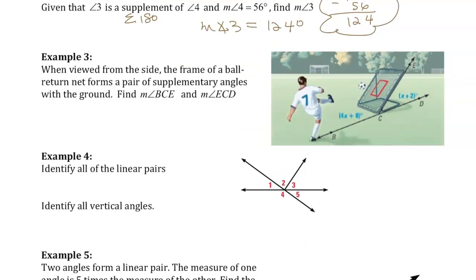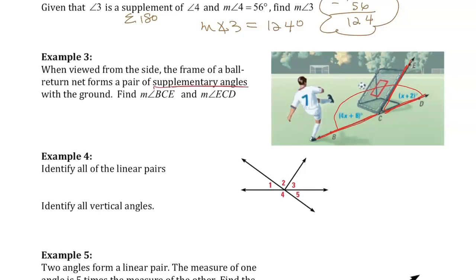All right, next thing. You have a soccer net. Here are the angles we're talking about. Look at these lines, and you can see that those are on a straight line, and therefore these two angles right here are supplementary.